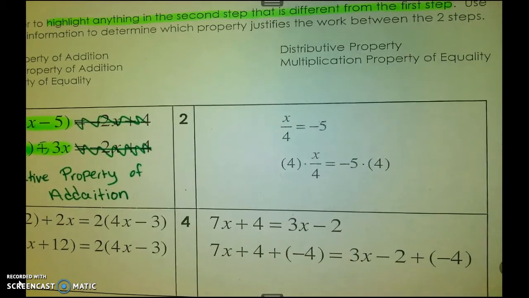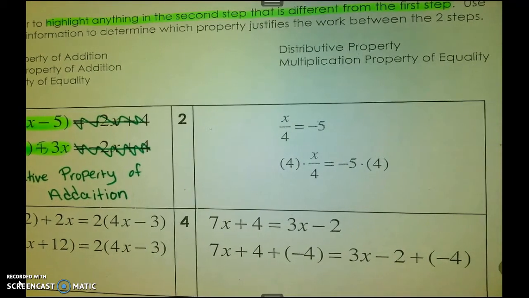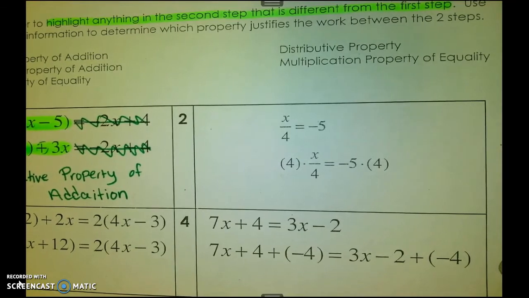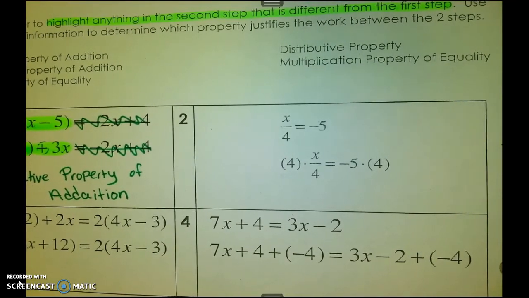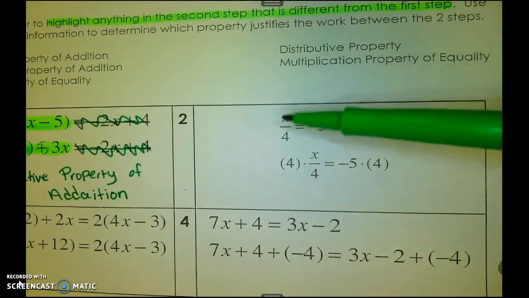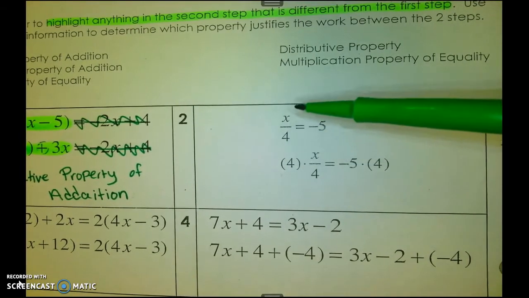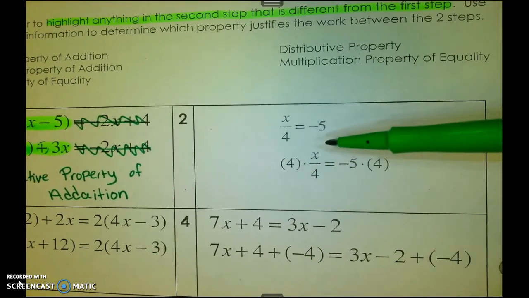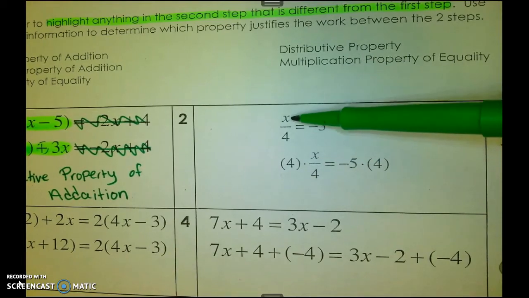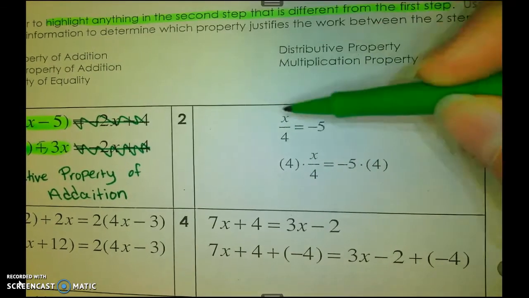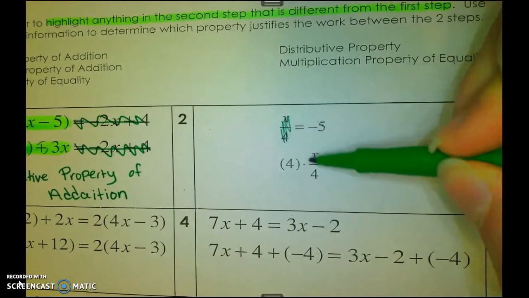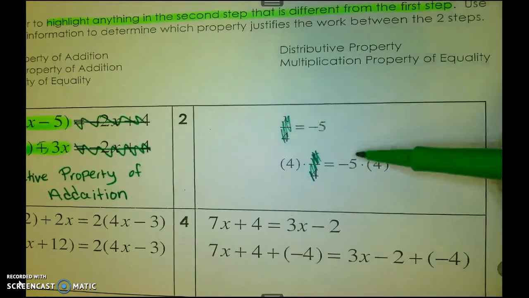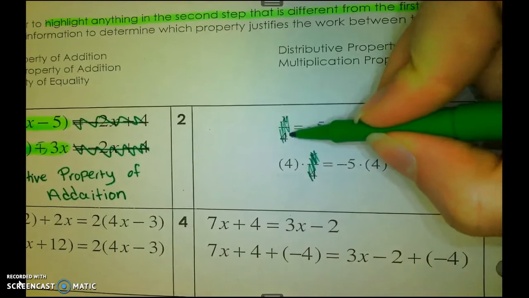So I want to cross out anything in the first and second steps that looks like it's kind of in the same order. And so I start here with an x divided by 4. Now, that's not the first thing in my step 2, but it is what's right next to the equal sign. So I'm going to cross out these two things. They're both right next to the equal sign. And so is negative 5.